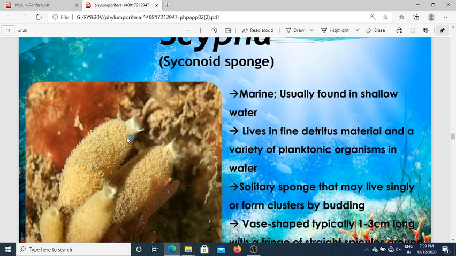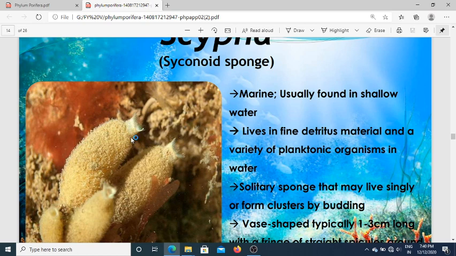The class Calcarea includes the calcareous sponges or chalk sponges. All the calcareous sponges are marine and occur in shallow waters. They are of small size, growing up to 15 cm. They are solitary or colonial, forming branching masses. The skeleton of these sponges is composed of calcareous spicules.